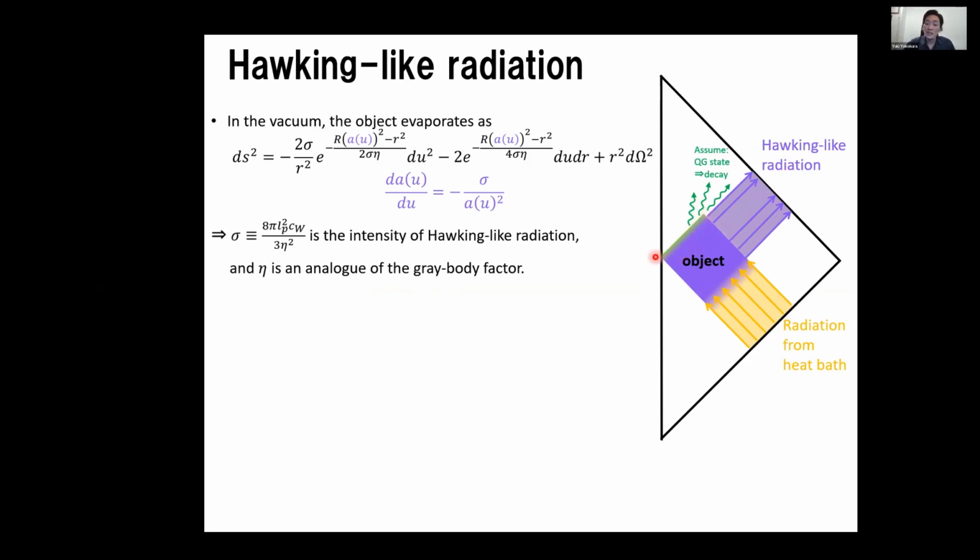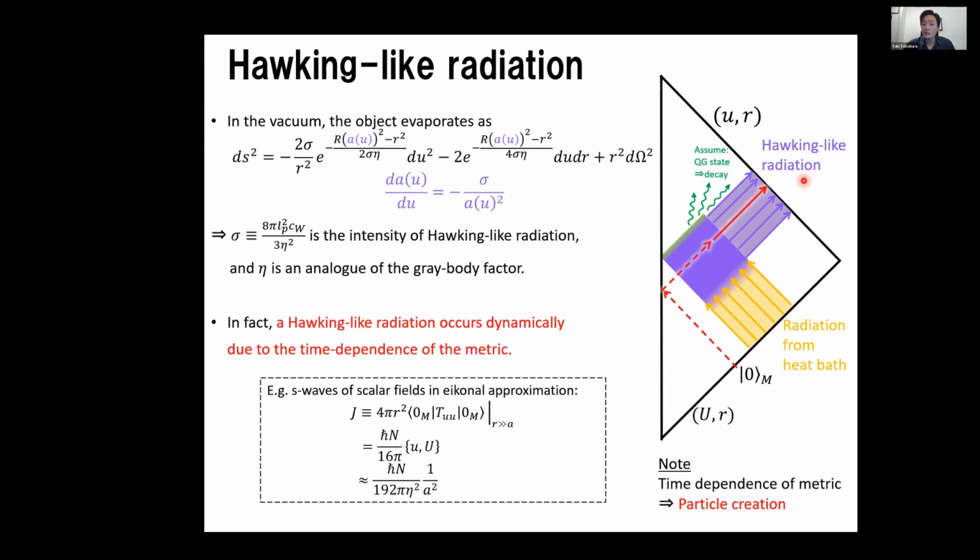Maybe this final stage has Planckian mass, and it could be described by some quantum gravitational state which decays soon. If this is assumed, then we get this picture. But even at the semiclassical level, we can describe almost all parts of the object. This is a point.